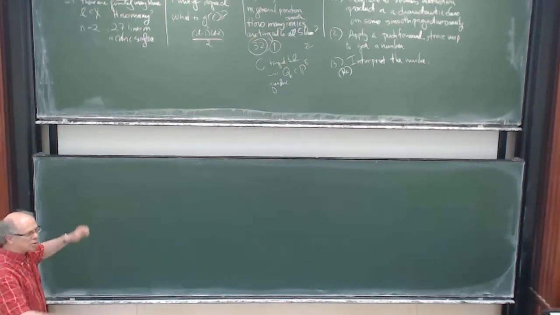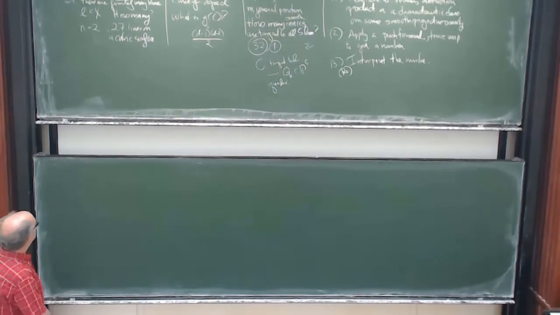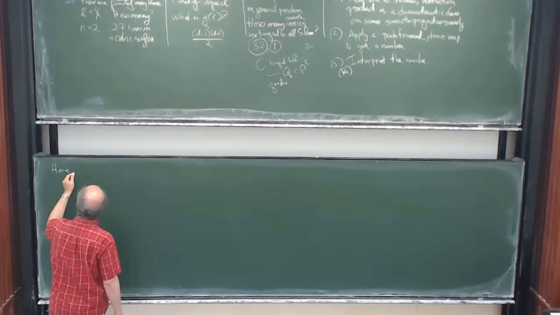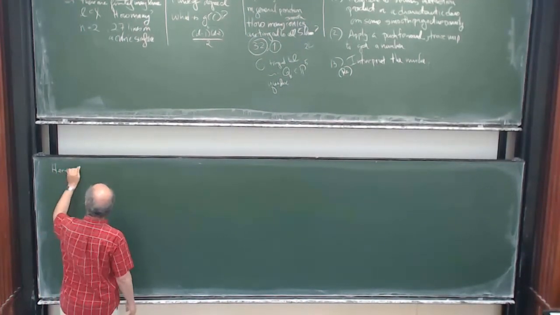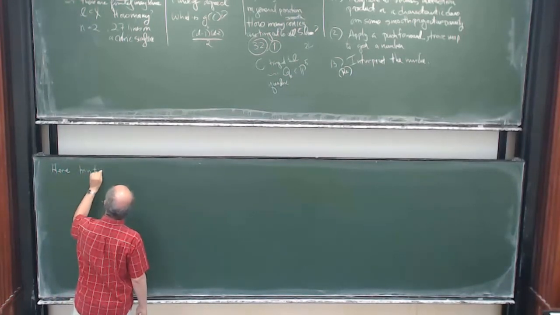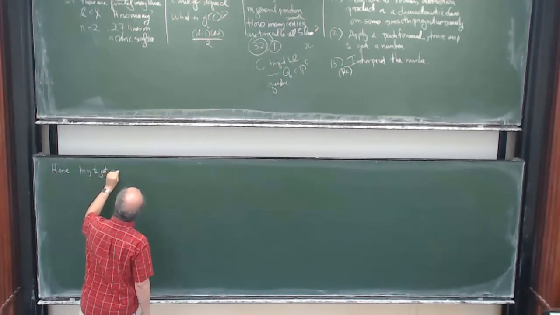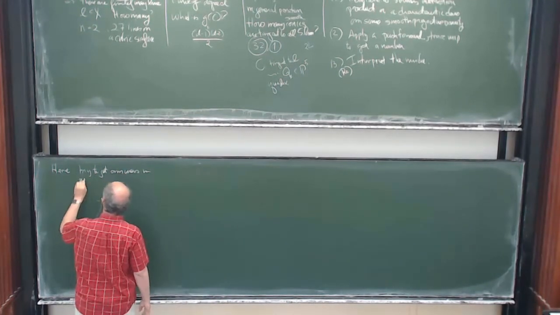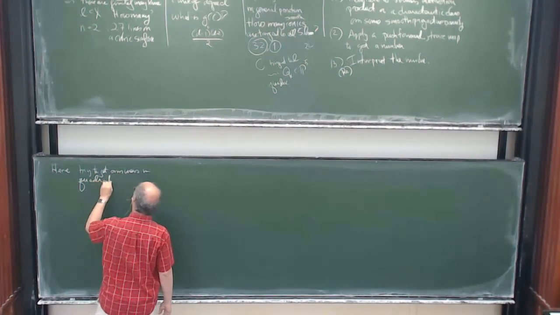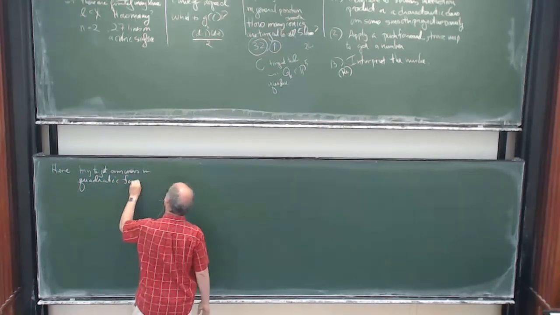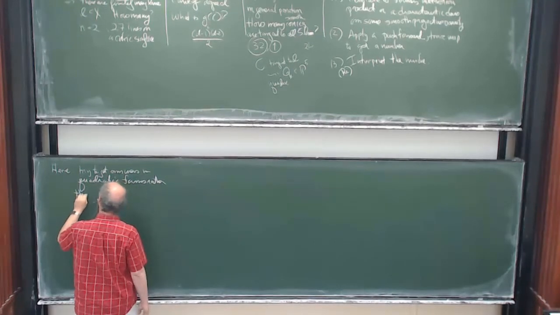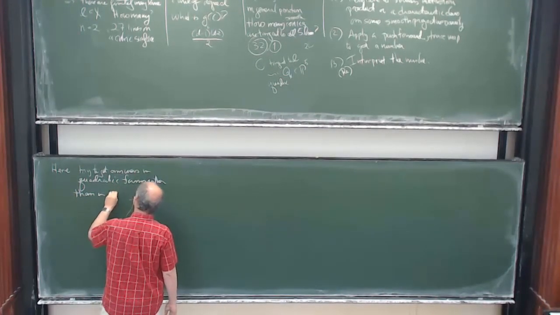That's also sort of in this fashion. So what we want to do here is try to refine the answers, to get answers in quadratic forms rather than in integers.